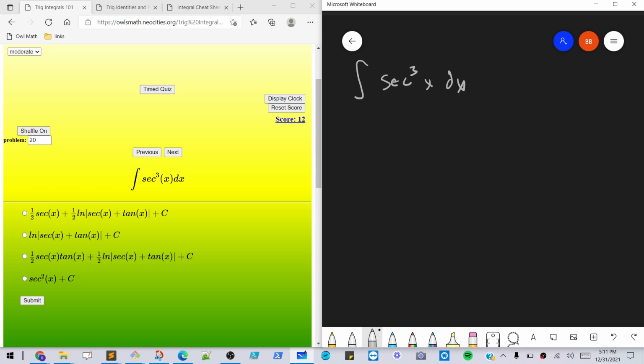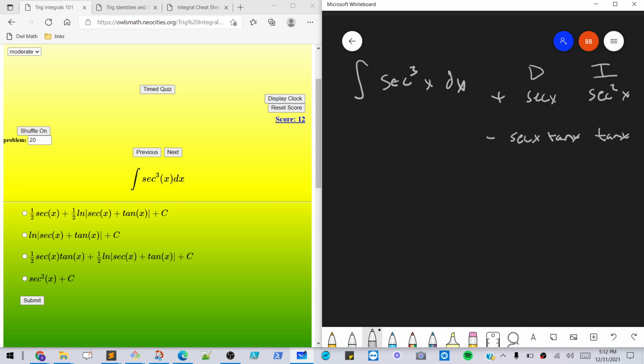the integral of secant cubed dx. And what we'll do is we'll use integration by parts. We'll use the DI method, and we'll separate secant cubed as secant squared x times secant x. The derivative of secant is secant x tan x, and the integral of secant squared is tan x.